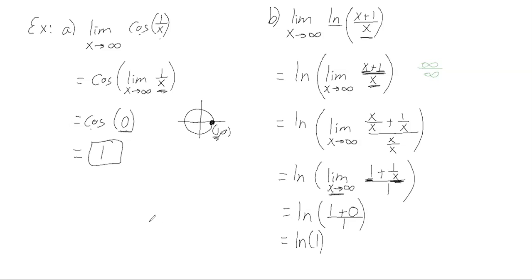Now remember, we could pull the limit inside if the limit existed, which it did, it was 1, and this function is continuous there. Where's the natural log continuous? All positive numbers. That's a positive number. But what is the natural log at 1? Isn't that a value of 0?